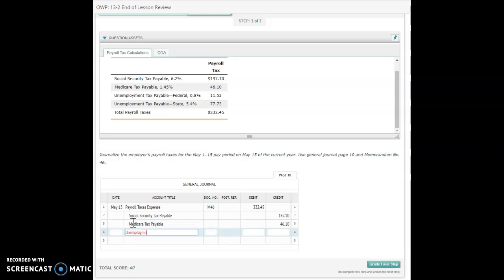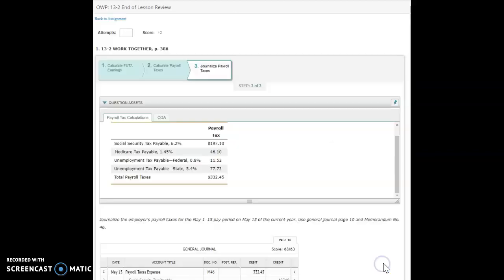Unemployment federal, make sure you make that distinction there, and $11.52. Unemployment tax payable state, it's $77.73. Okay, so that's my journal entry for this one.